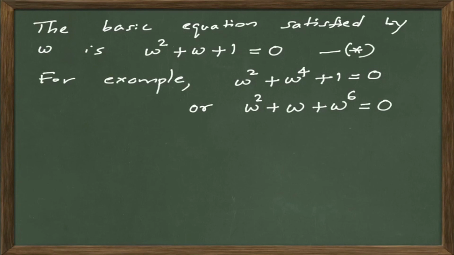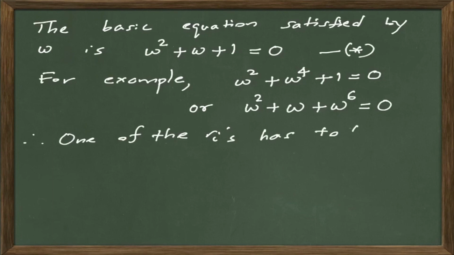Therefore, among the permissible values from 1 to 6, we see that one of the Ri has to be either 1 or 4.